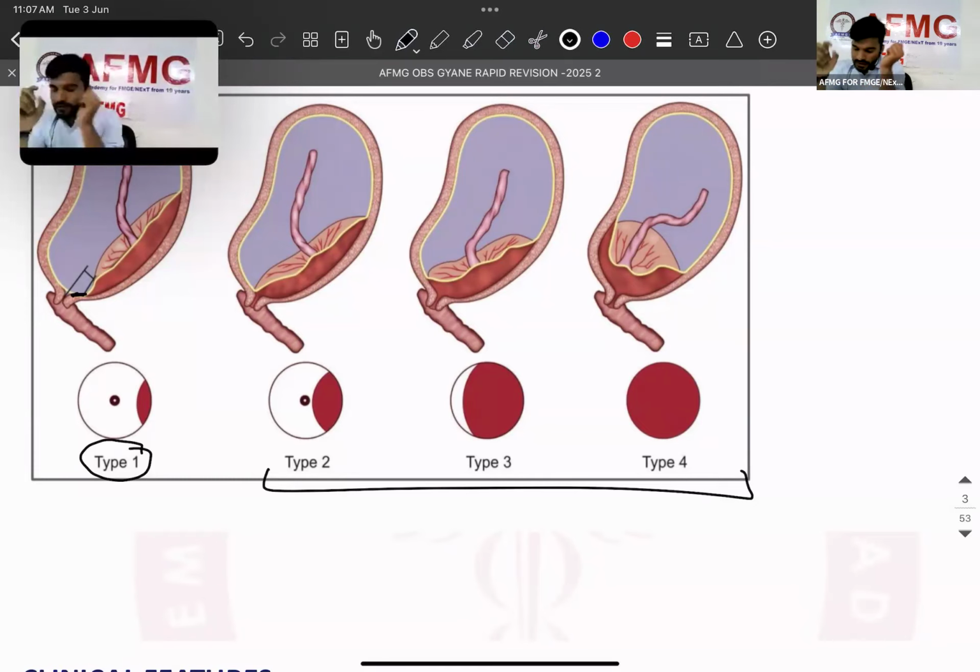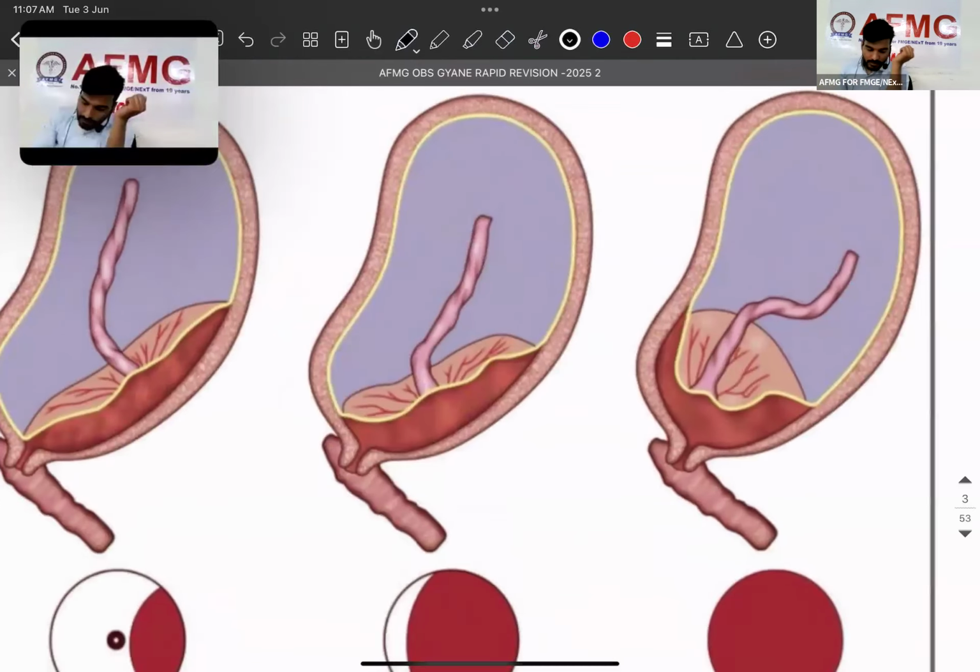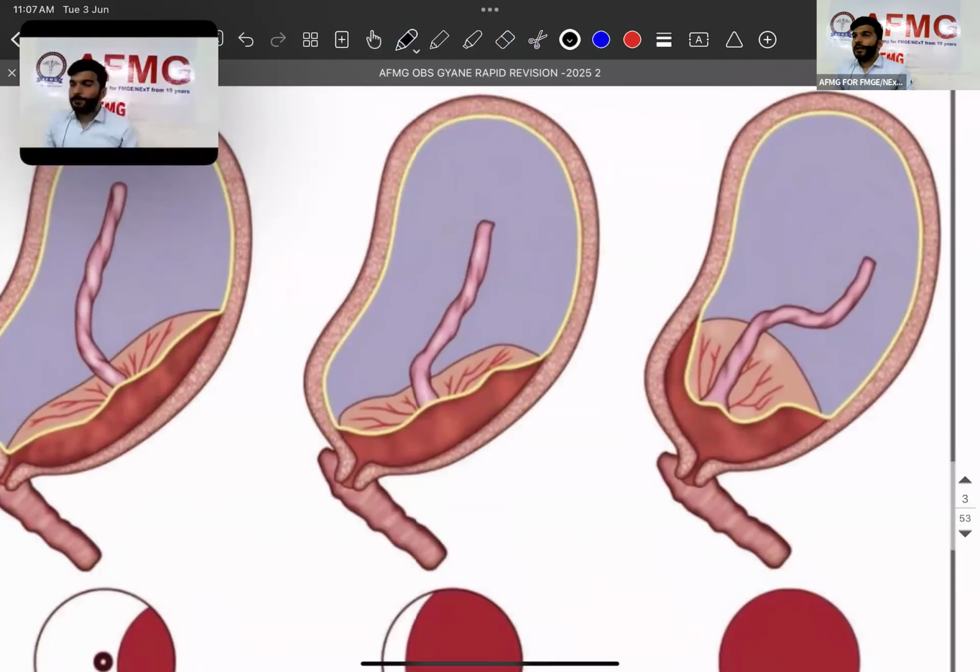Okay. Now, my dear students, when we talk about this placenta, what is placenta previa? Placenta previa means the placenta is implanted in the lower uterine segment. Now, again, there are 2 conditions. Either the patient will be in term pregnancy or before the term. Either preterm or term.